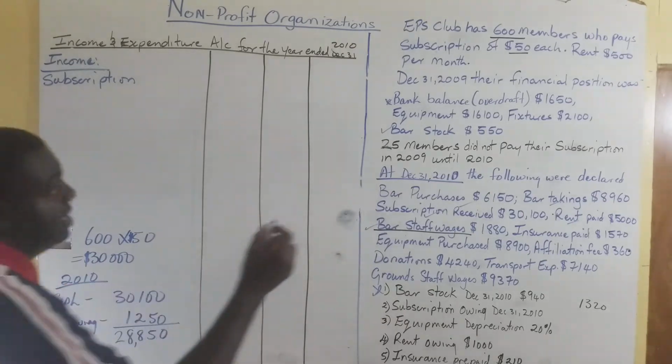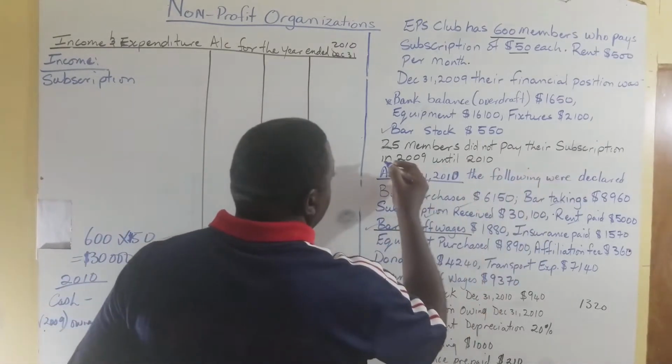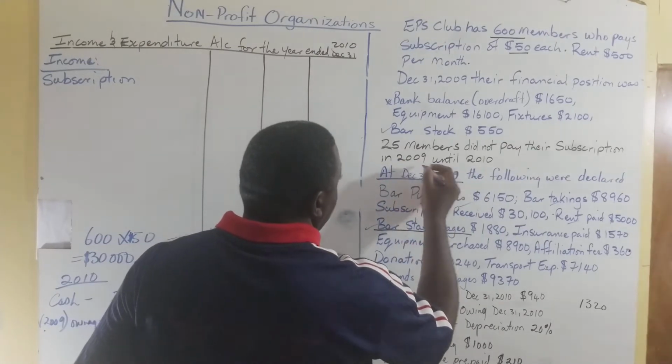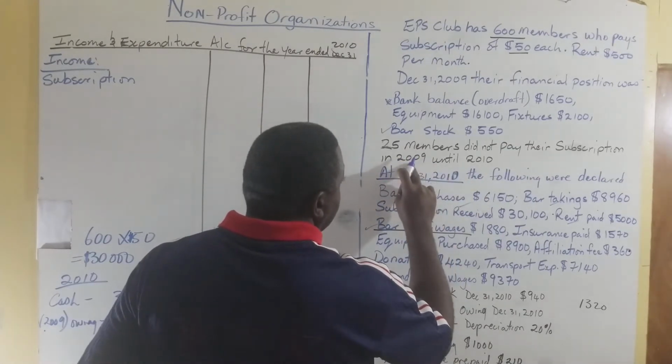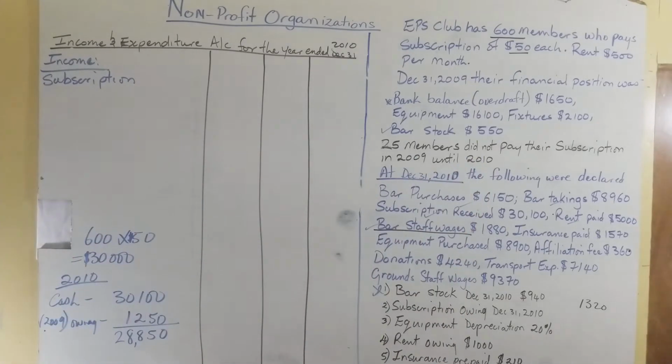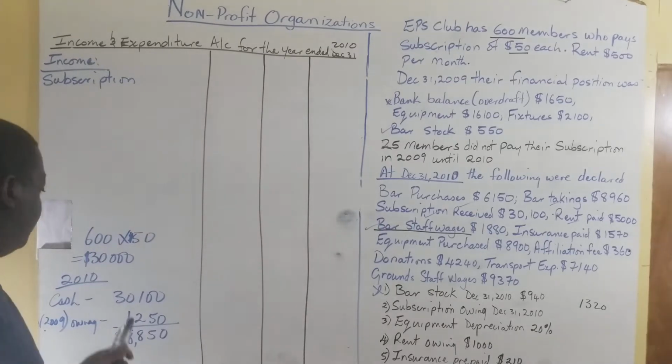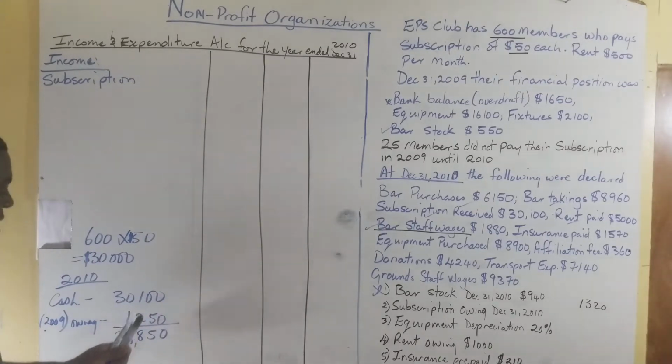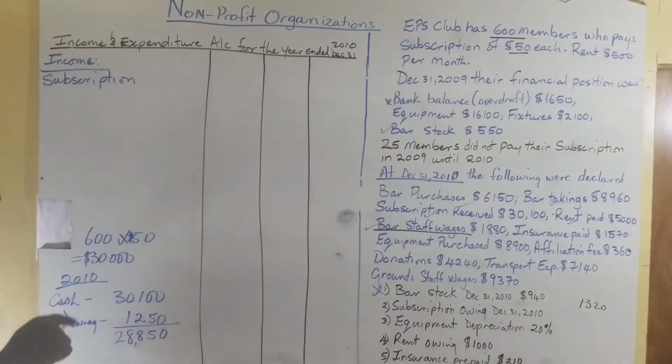That's what they said here, that the subscription that was owing for 2009 was not paid until 2010. So therefore, we're going to know actually what amount from the 30,100 relates to 2010.